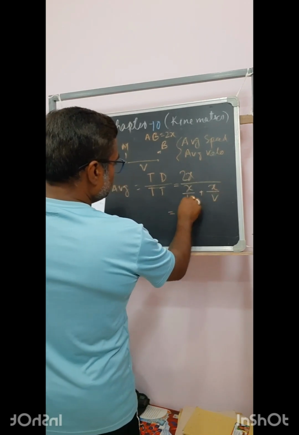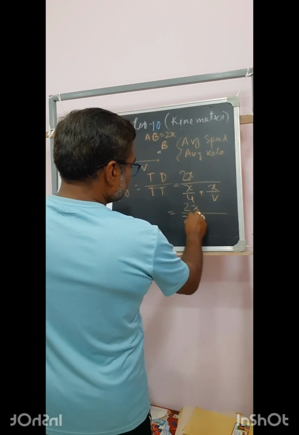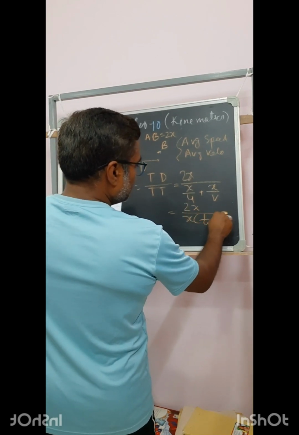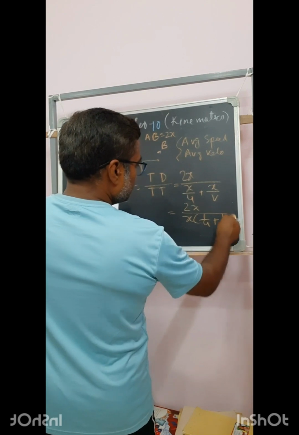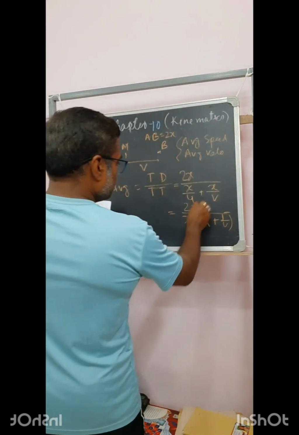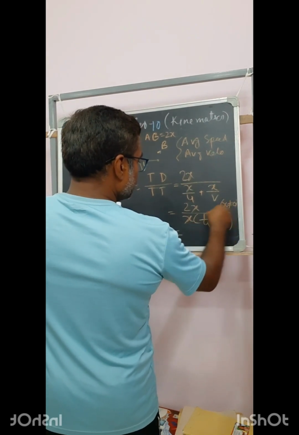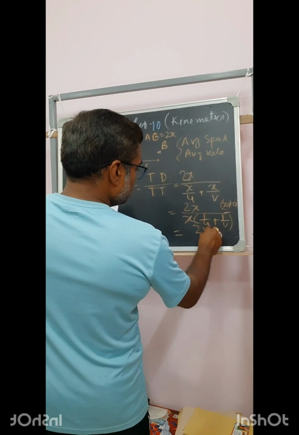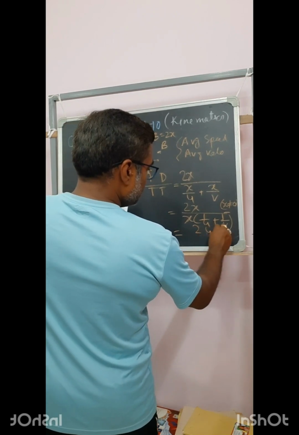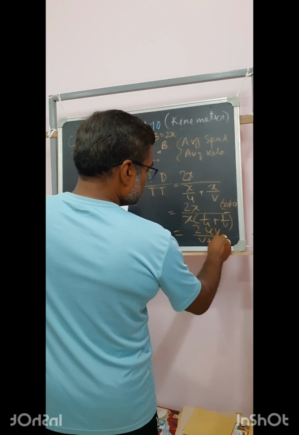So it is 2x over x into 1 by u plus 1 by v. It is somewhat similar to the earlier case. You can cancel out x from the numerator and denominator, so ultimately it will come as uv on the numerator and here will be v plus u.